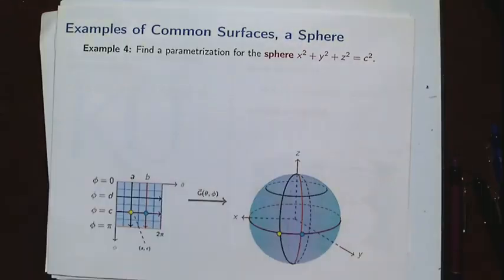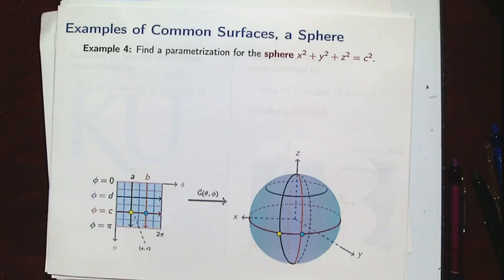Because remember, this length is not exactly the circumference of the circle in here. It's smaller. And so we multiply that by r to account for the stretch that happens going from here to there.